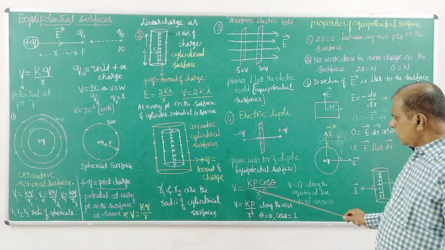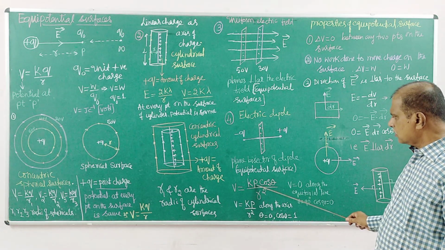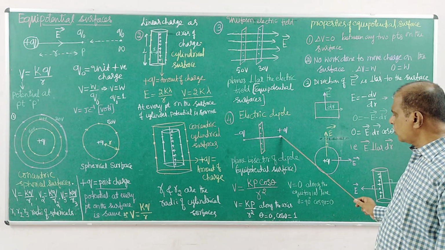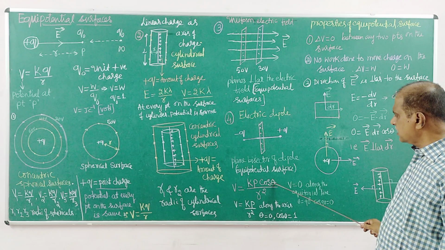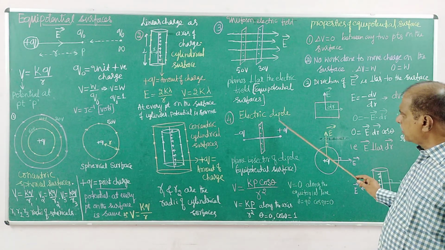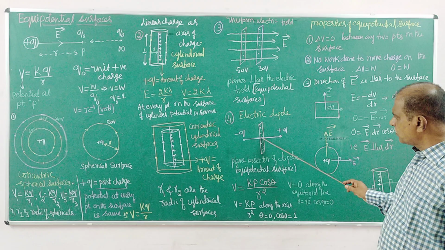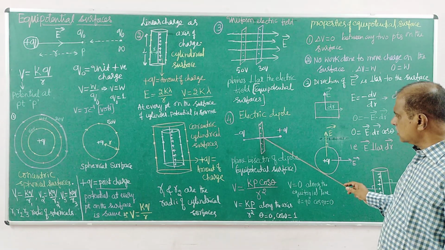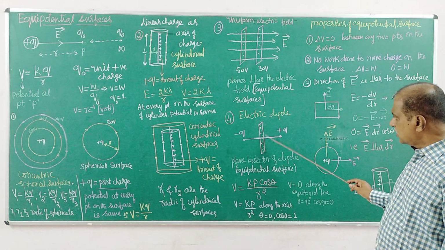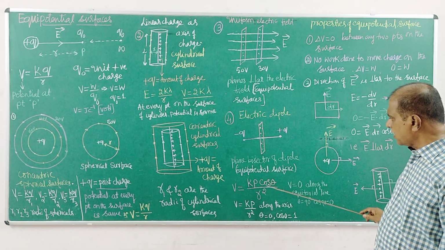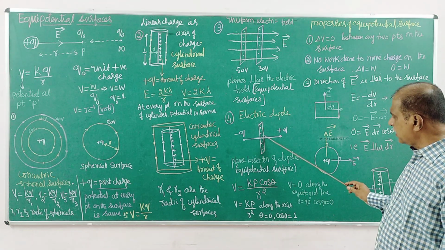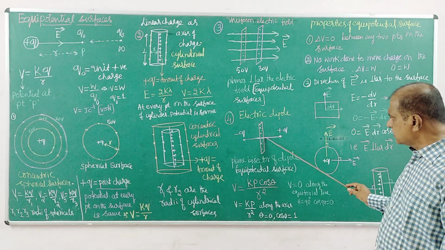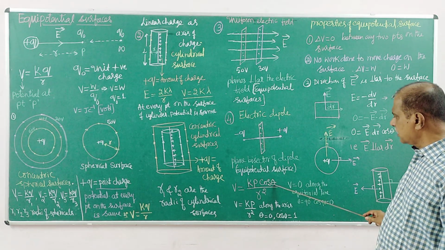K is Coulomb's constant, p is the dipole moment of this dipole, and theta is the angle between the line joining the point and the center of the dipole and the dipole axis. r is the distance between the point and the center of the dipole.